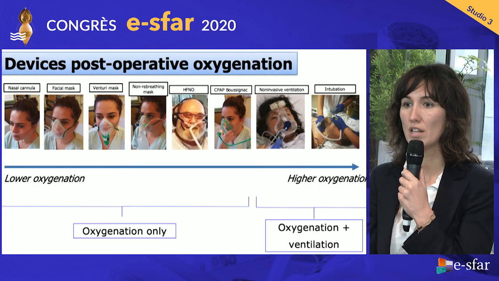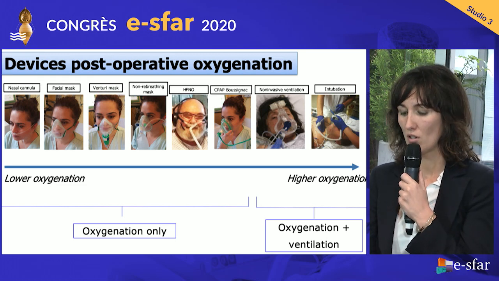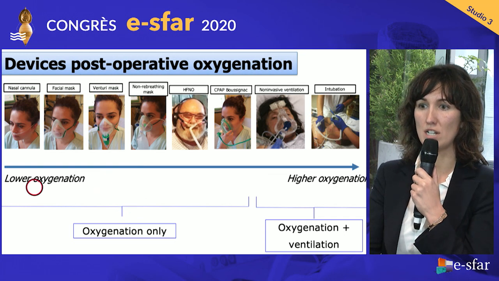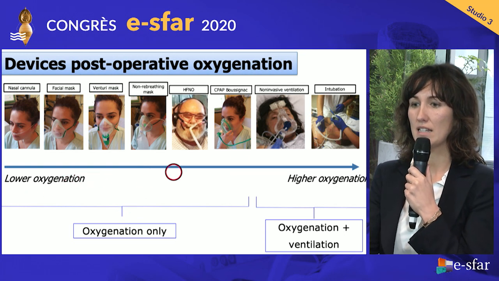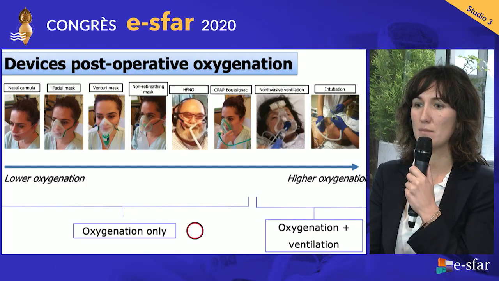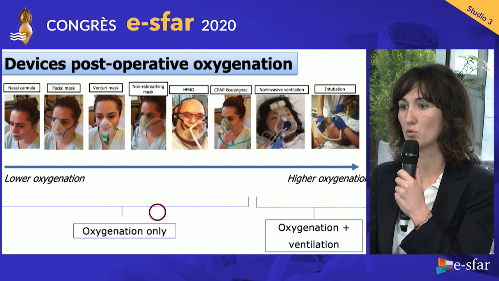So to conclude, what are the main devices of post-operative oxygenation? At the left of the screen, you can see the lower oxygenation with nasal cannula, and at the right, on the stretch, the higher oxygenation, which is provided by the intubation device. Here, it is mainly oxygenation, so you can increase the PaO2.